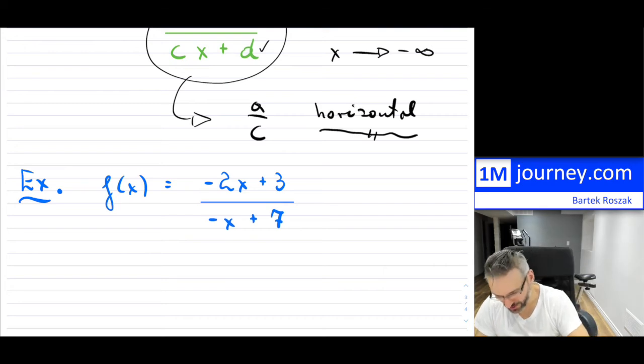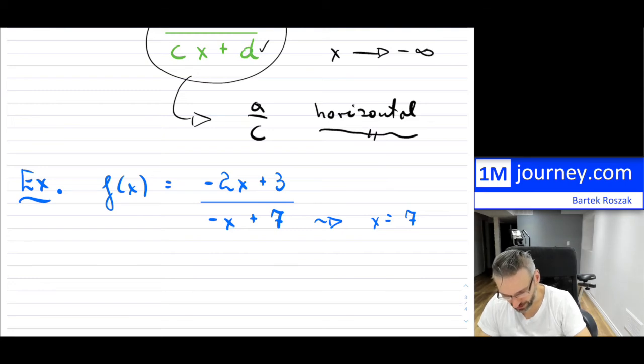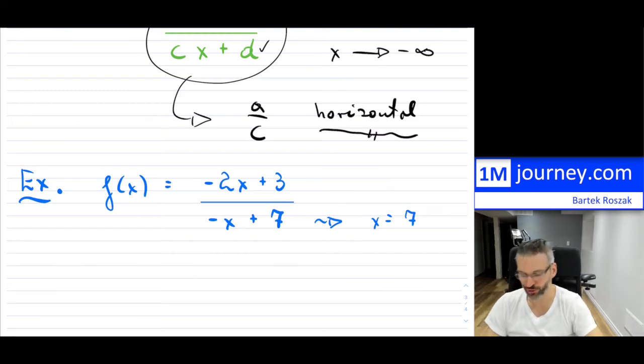So if I do this, what I notice is that right here, this is going to be x is equal to 7. So that's my 0, and that's going to be my vertical asymptote. Now, if I plug in 7 into the numerator, -2 times 7 is going to be -14, plus the 3.